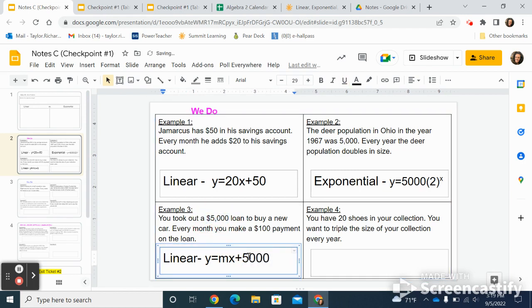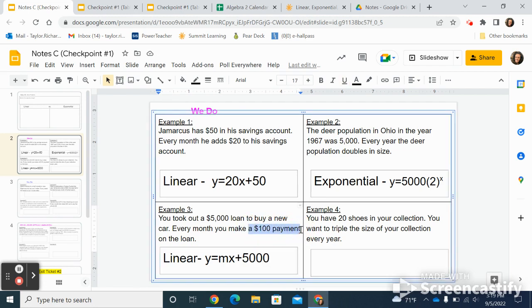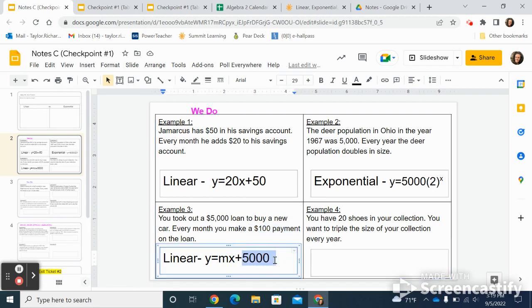Now, just be careful here. It's saying that you're making $100 in a payment. So if you think about it, when I'm paying $100, how much I owe should be going down, right? You shouldn't be making payments and it goes up. So just think about it as like your loan should be going down.